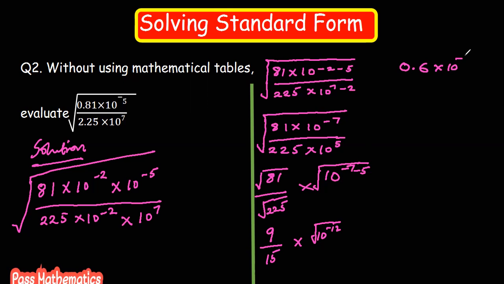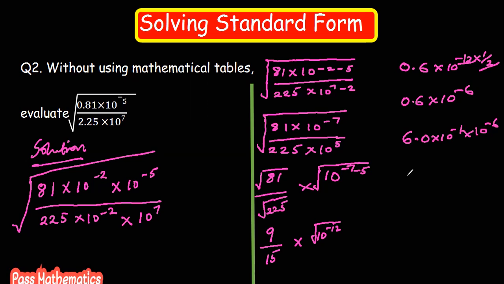So this root now, we are going to change it to half in indices. That is the value of square root in indices. So here we have 0.6 times 10 raised to the power of minus 6. We are going to change this to standard form again: 6.0 times 10 raised to the power of minus 1 times 10 raised to the power of minus 6.